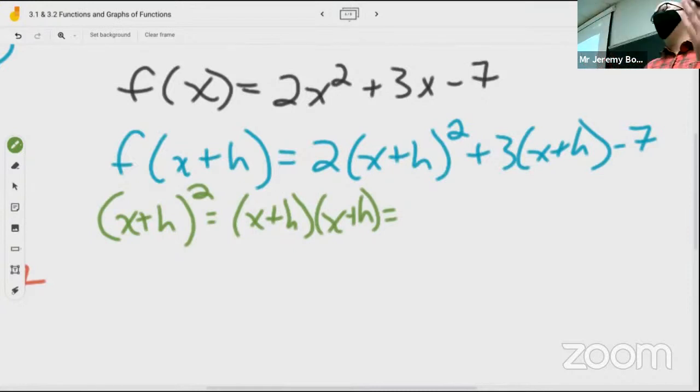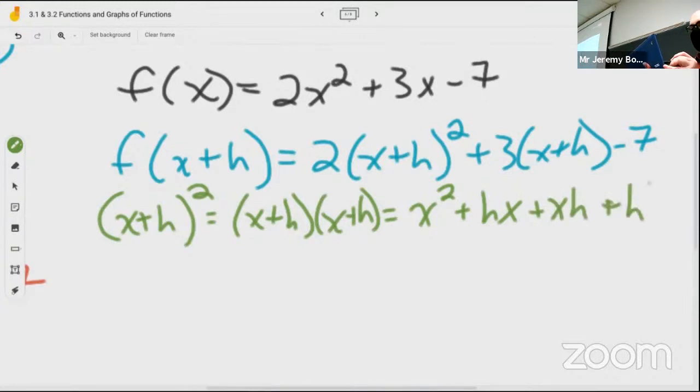You've got the x times the x. That's not bad. Get x squared. x times the h, that'd be hx. h times the x, let's say xh. And h times h, which is h squared. Any questions on that? We're going to clean it up a little bit, but just want to make sure everybody's with me at this point.